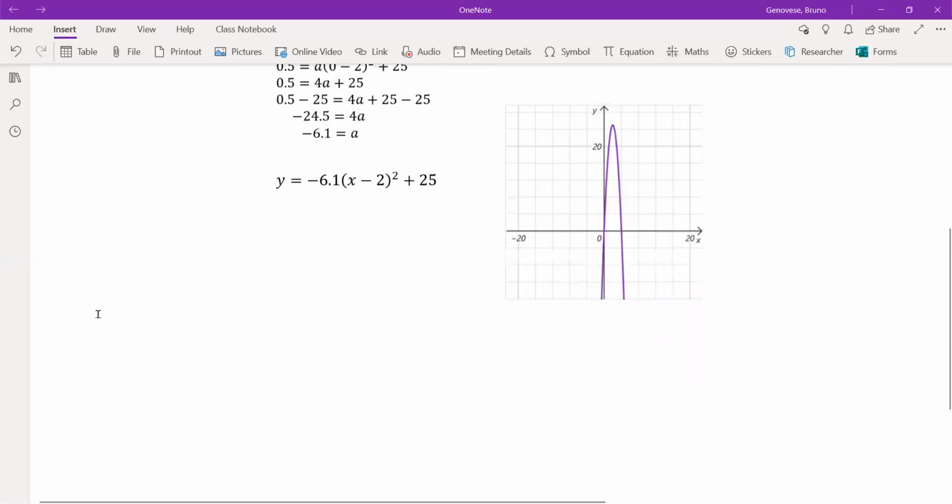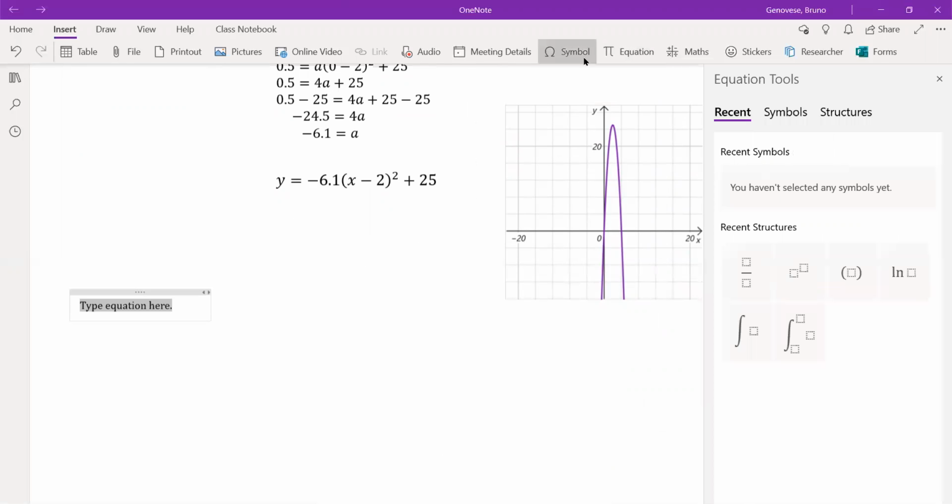Now, in order to compare that for graphing purposes, I'm simply going to plot the parent graph.